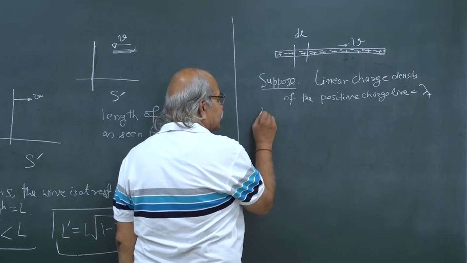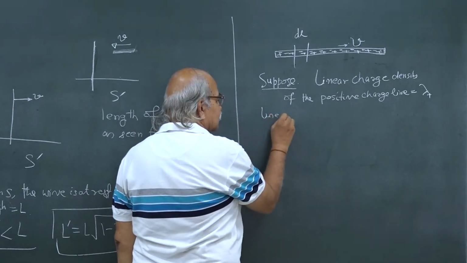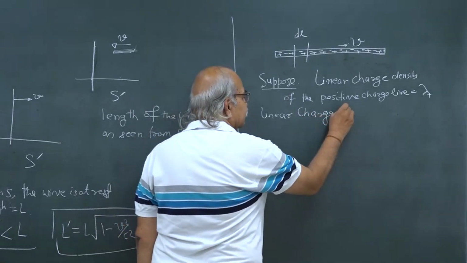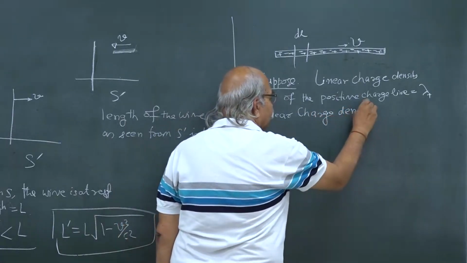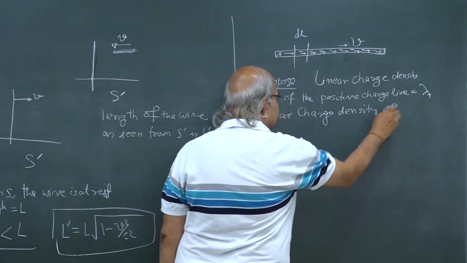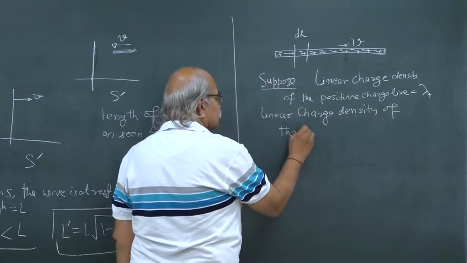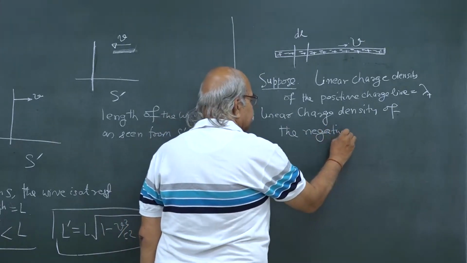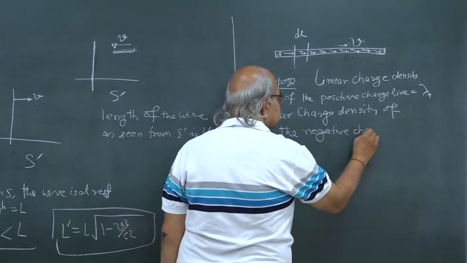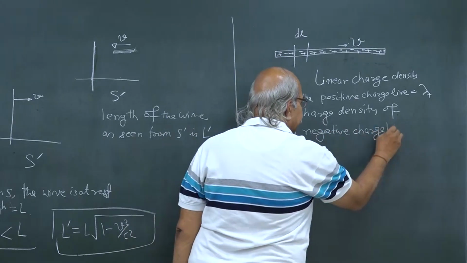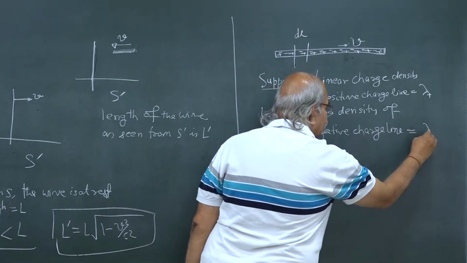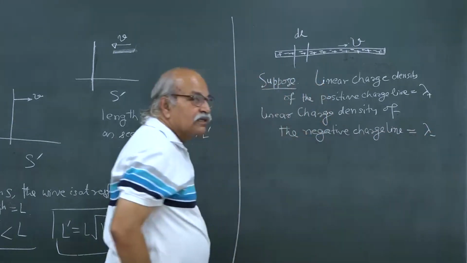suppose that linear charge density of the negative charge line is lambda minus.